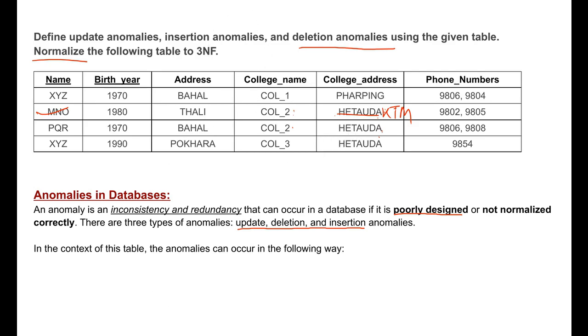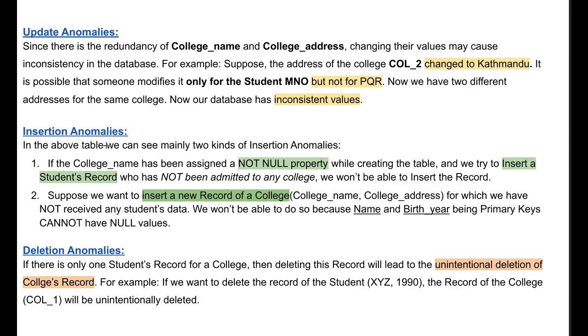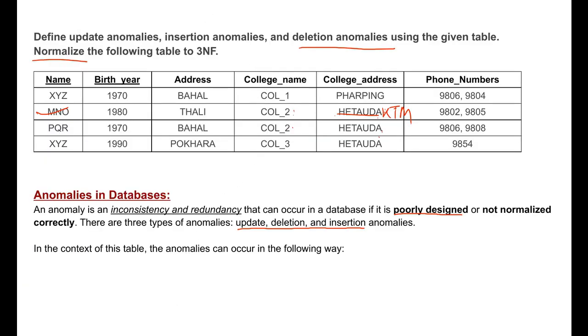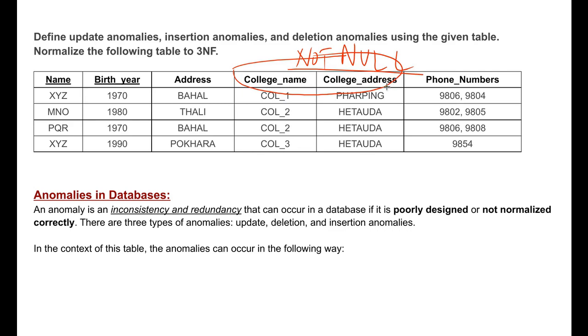Another part is insertion anomalies. Based on the design of the table, you can see various types of anomalies, and in this table we can see two types. One is, suppose either one of these, college name, or both college name and college address, are not null columns.